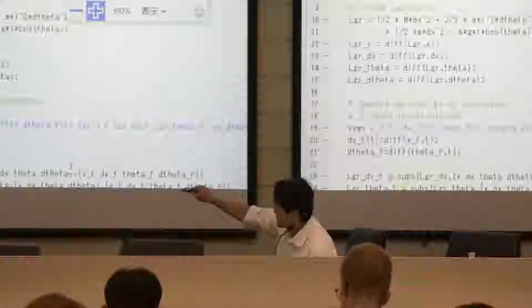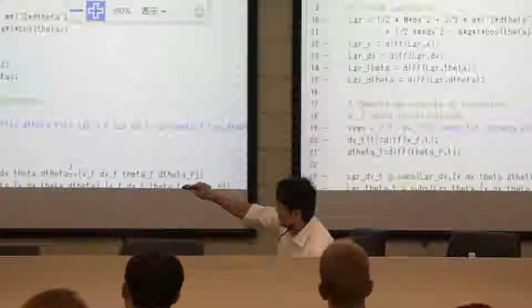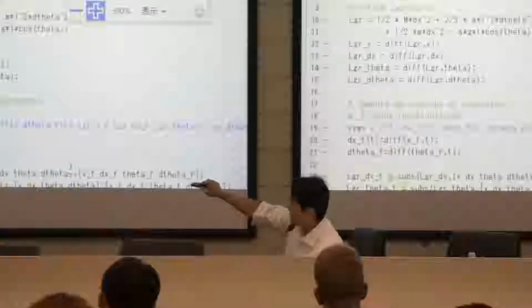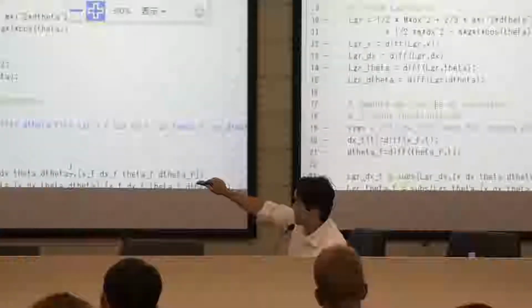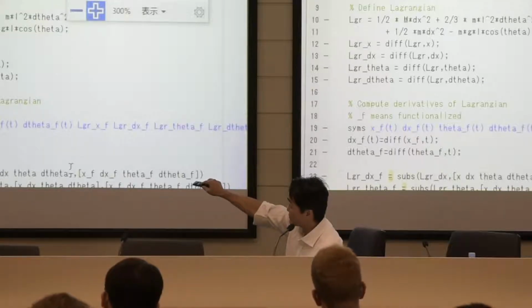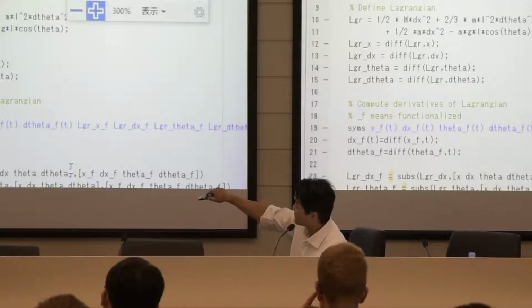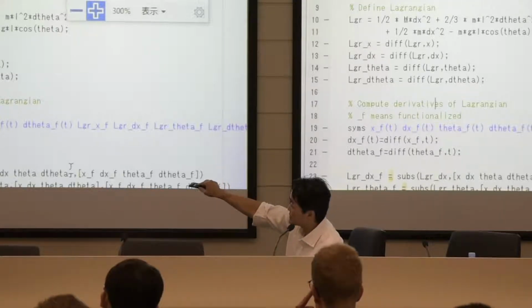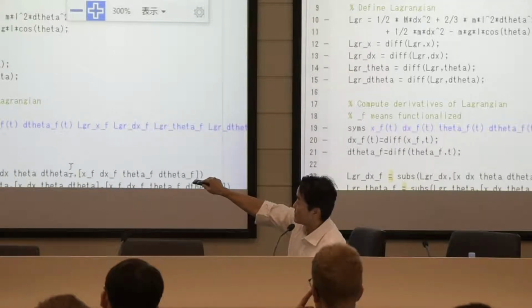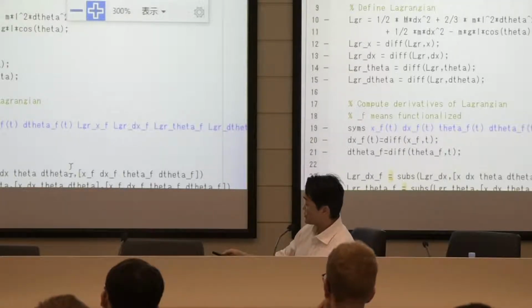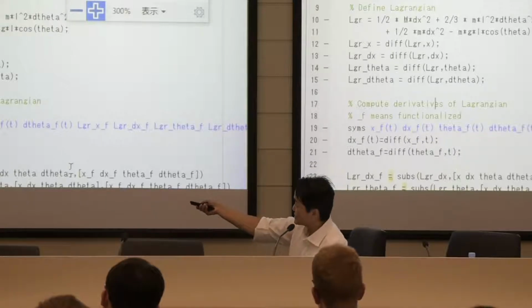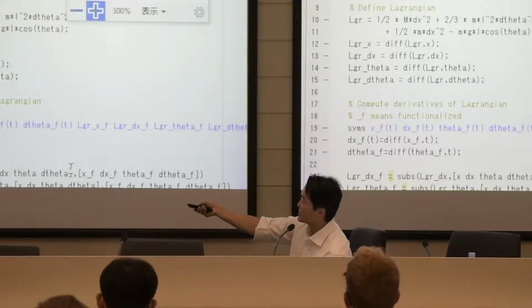And this diff is the command for differentiation in the symbolic math toolbox. So after declaring x_f as a function of t, you can write this. So take the derivative of this with respect to t, and write dx_f. And we also take the derivative with respect to t of theta and define theta dot.